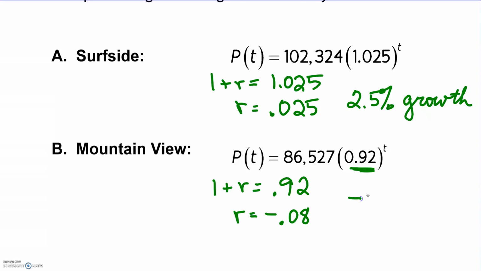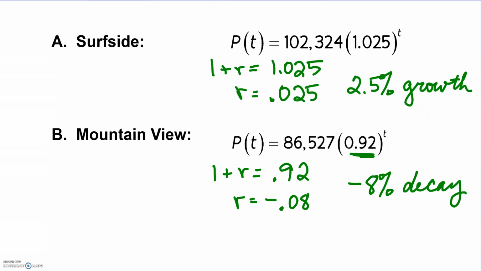That is a negative 8% decay. Whenever R turns out to be negative, you have a decay situation. Positive is growth. Now, this one is not on there, but I would like for us to add it. There's one other one I want to do, so just add in letter C there in the bottom margin.